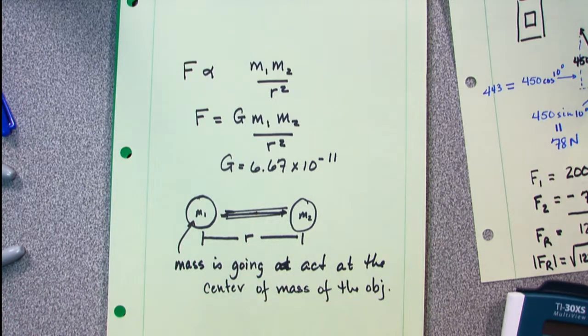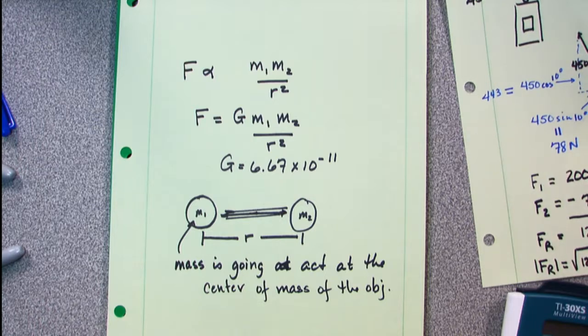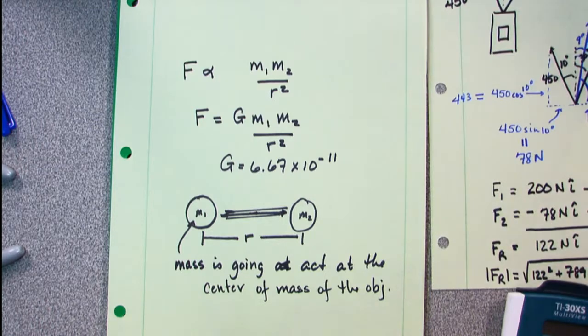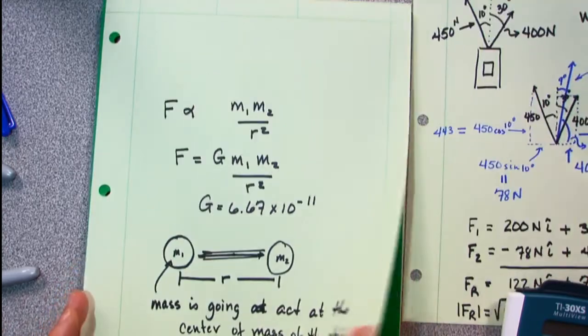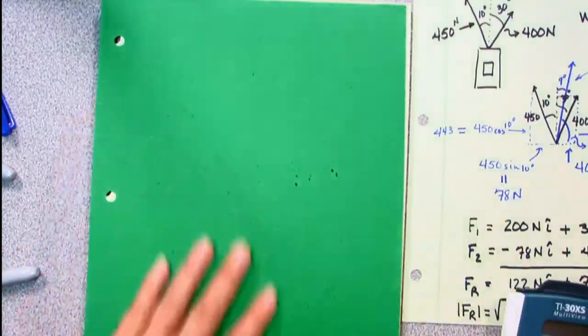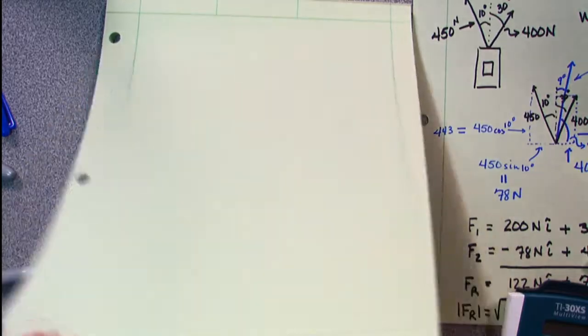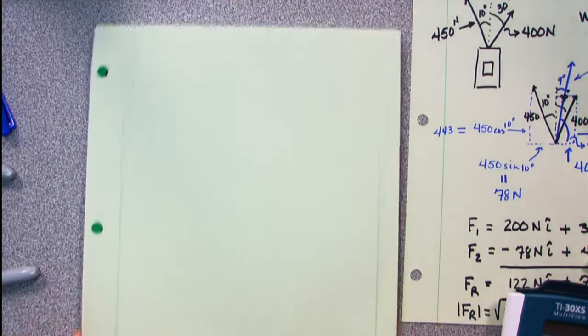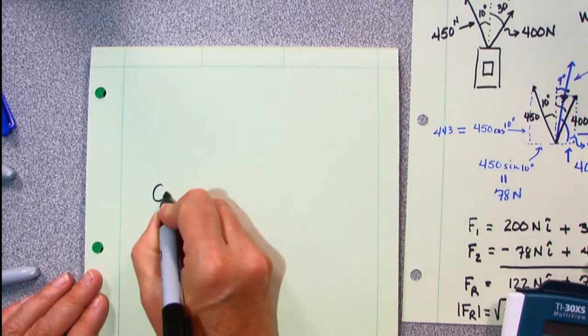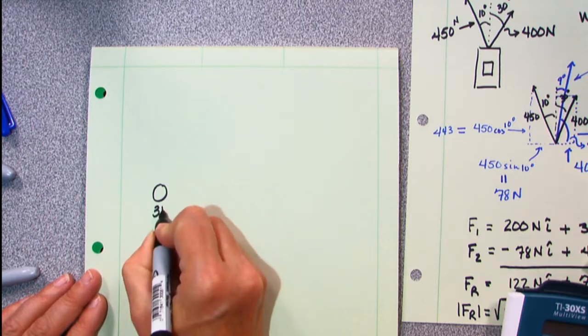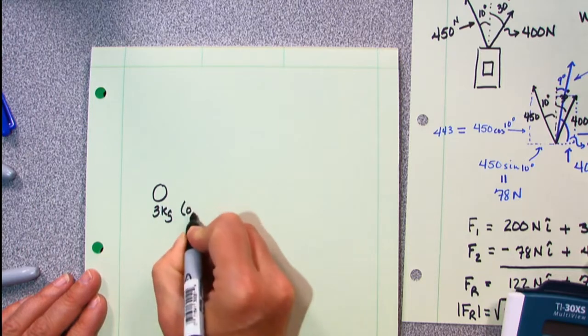So I can end up with why we have these attractive forces. But I want to do a problem associated with this because it becomes a vector type problem, and we'll see it again. So I'm going to put a mass, and this is going to be a 3 kilogram mass, and I'm going to locate it at 0, 0.